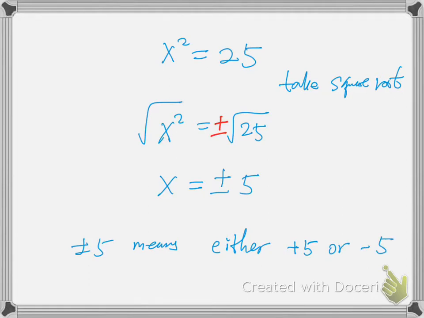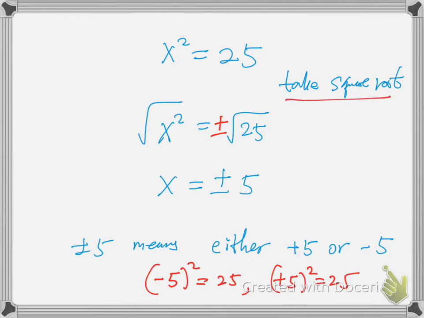So why do we have to take the positive and negative square root? Because positive 5 and negative 5 have the same second power. Negative 5 squared is 25. Positive 5 squared is also 25. So when you take the square root, you have to take the positive and negative square root.